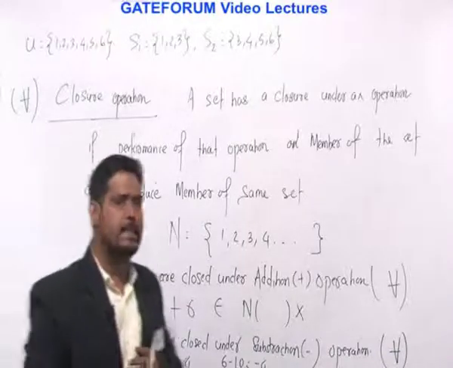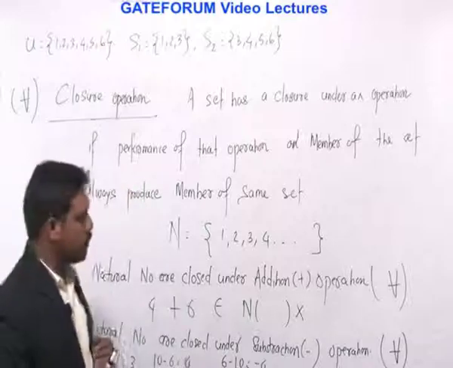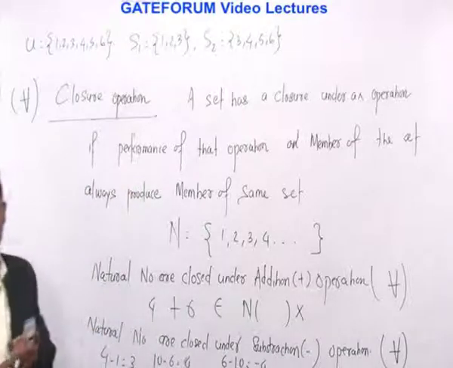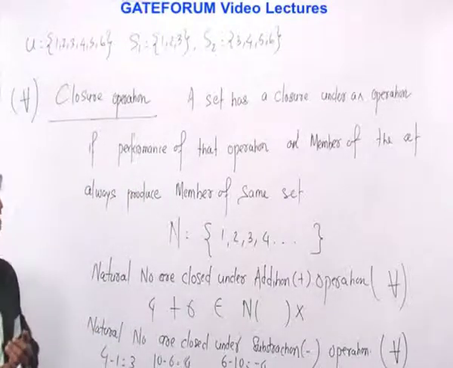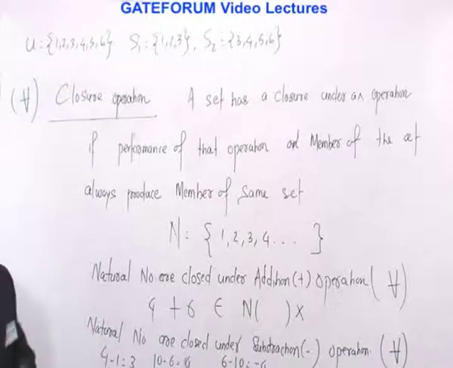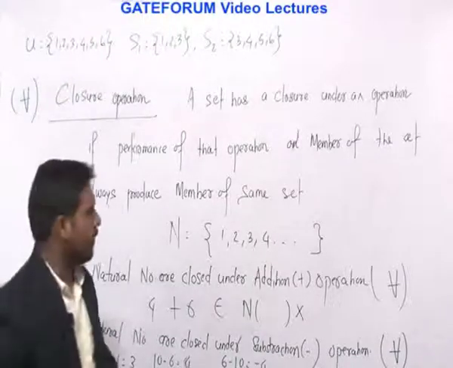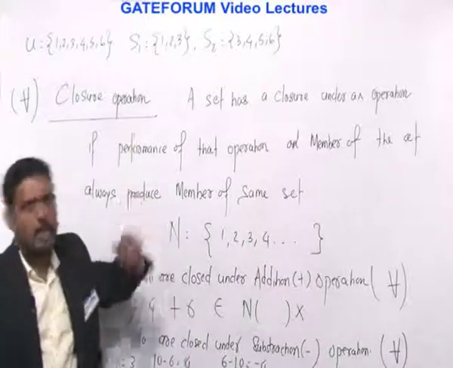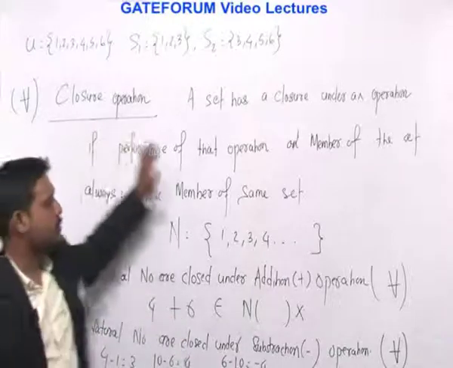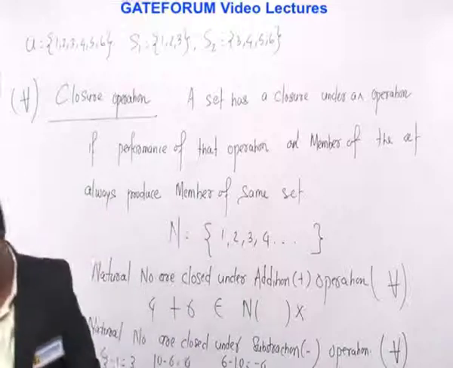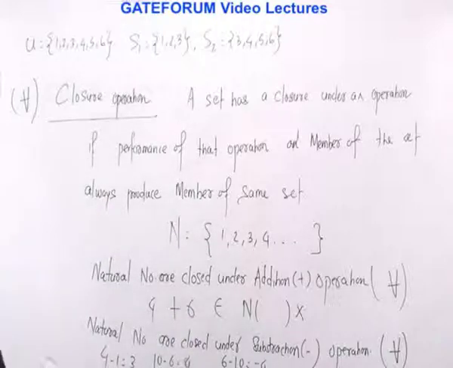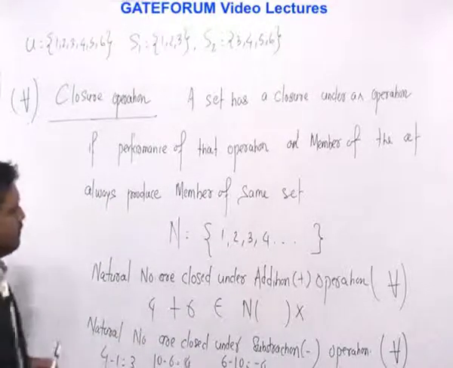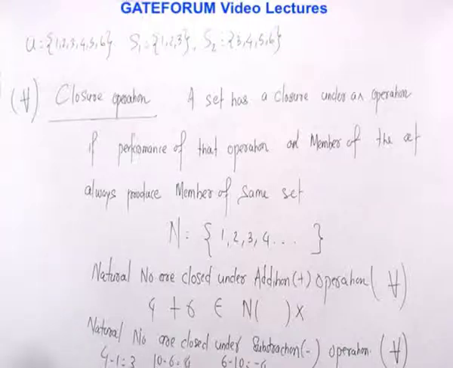If one contradiction is there, the statement becomes false and the closure property is dissatisfied. That will go on to say closure property for the language. So that is the simple closure property.